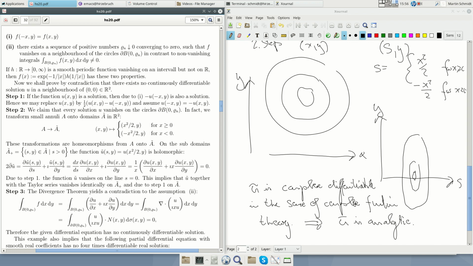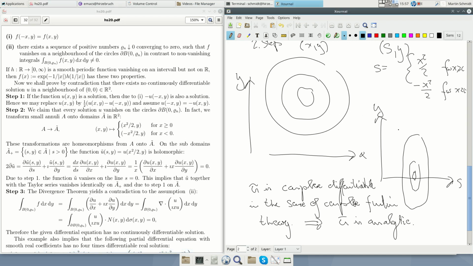Okay, and since this function has this symmetry, we have this symmetry along this axis. I didn't draw this axis here, but this means this function vanishes here, and then it also vanishes here. So along this line, U tilde vanishes.